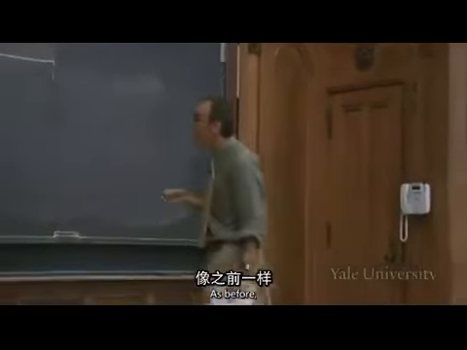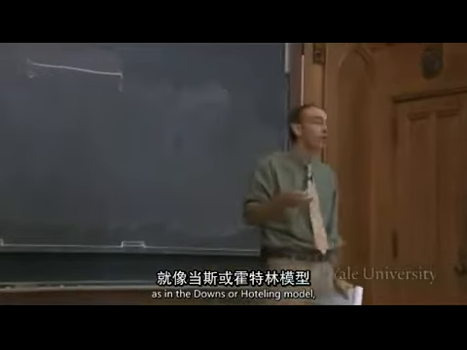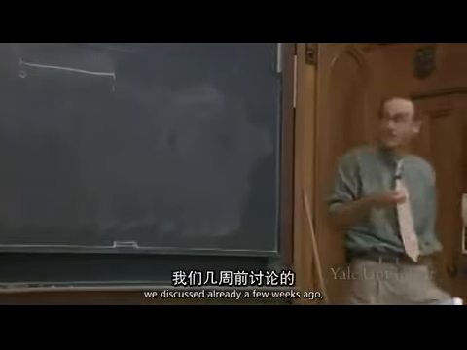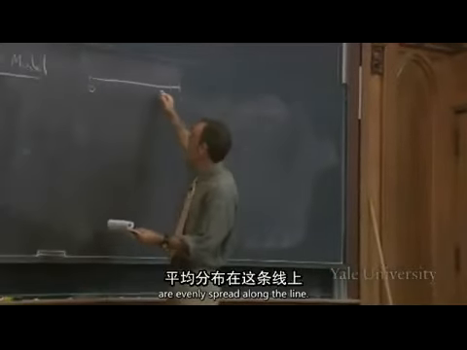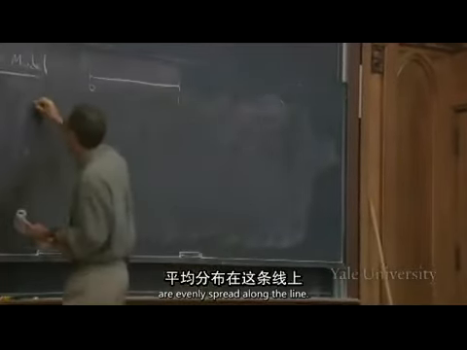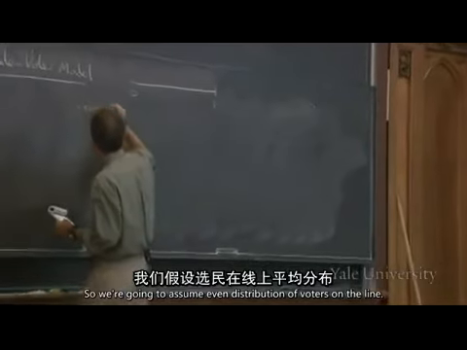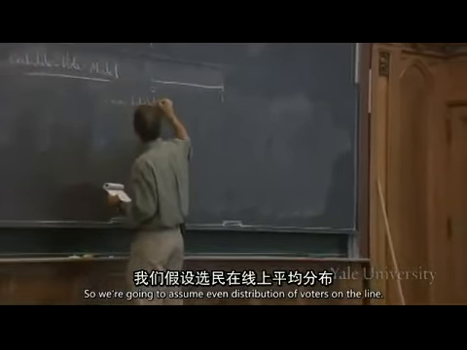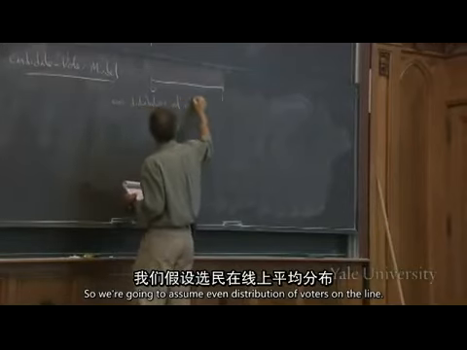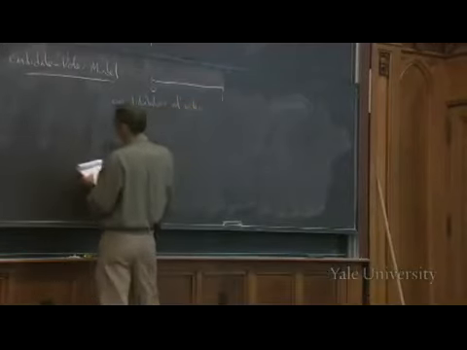And as before, as in the Downs or Hotelling model we discussed a few weeks ago, we're going to assume that voters are evenly spread along the line. So we're going to assume an even distribution of voters on the line.